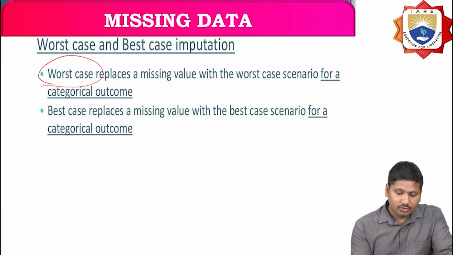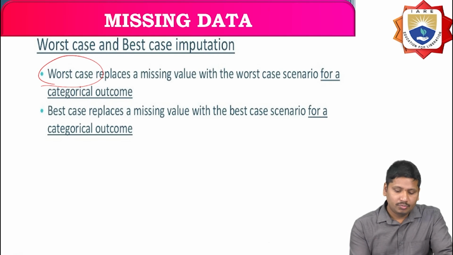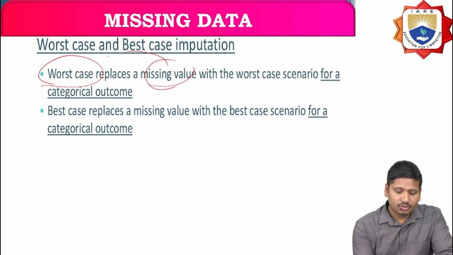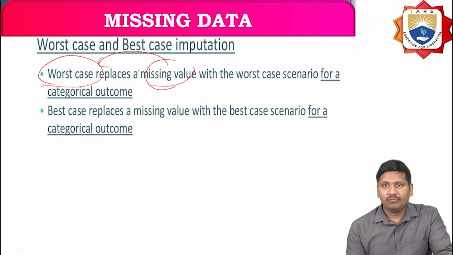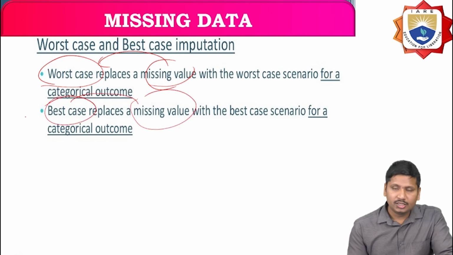Based on the application, there should definitely be a worst case and a best case, right? So the missing value I'm obtaining is going to be filled with the worst case value, or I can replace the missing value with the best case value.